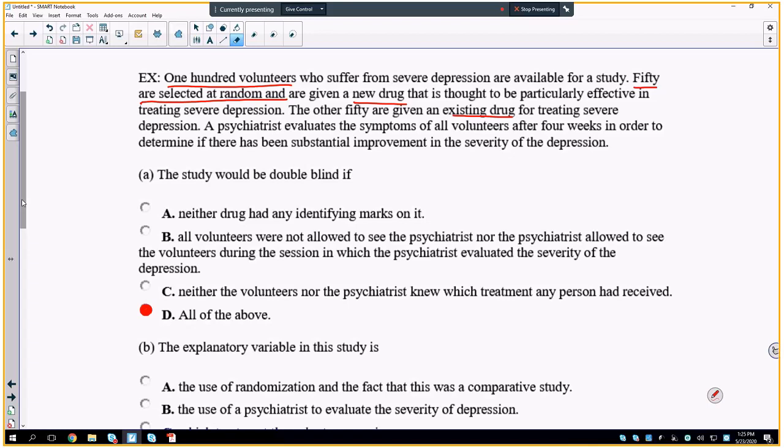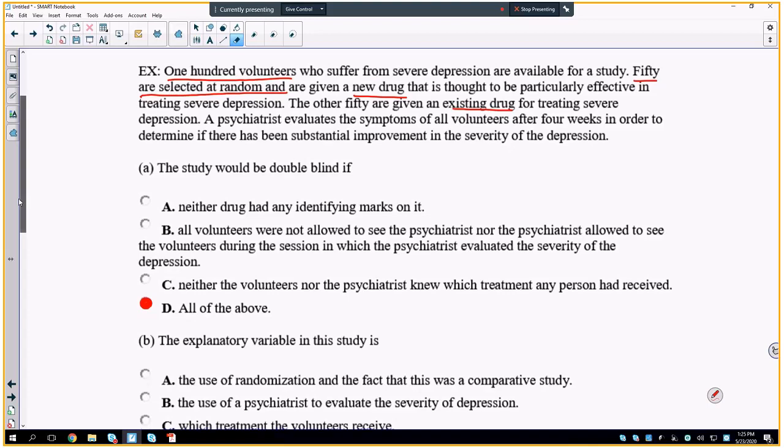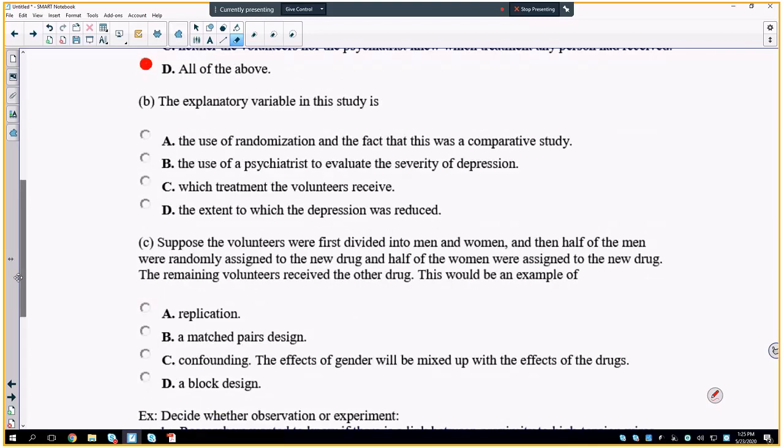So it looks like to me the new drug and the existing drug, those are the two options for treatments. So those are going to be our explanatory variables. And then the response variable is how much their depression is reduced, if at all. That's what we're trying to measure as the outcome.